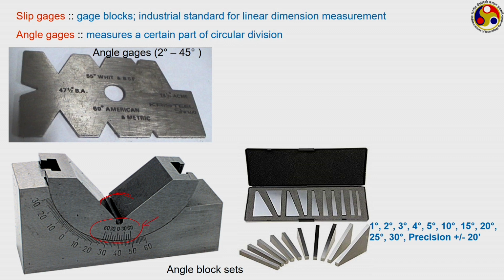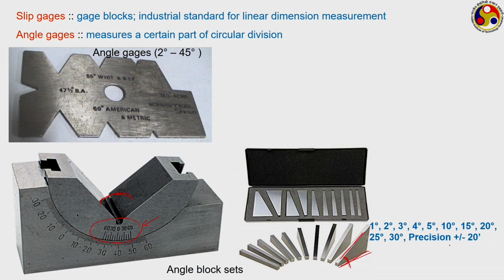Also there can be block sets quite similar to the gauge blocks. Each of the surfaces has a particular angle. If we align this particular surface to the portion where we want to get the measurement, and if they match perfectly, of course with this surface being perfectly horizontal, then we get this angle.